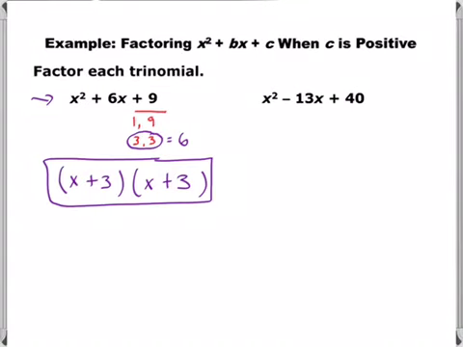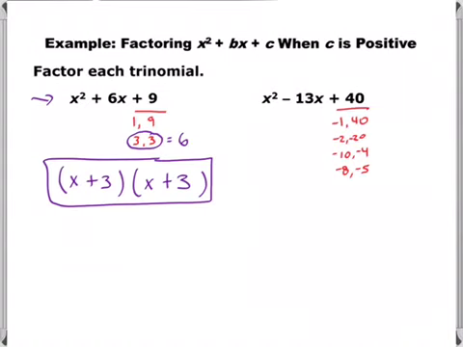We're looking for the factors of 40 that add up to be negative 13. Because the 13 is negative, both of our factors need to be negative. So we're looking at -1 and -40, -2 and -20, -10 and -4, and -8 and -5.